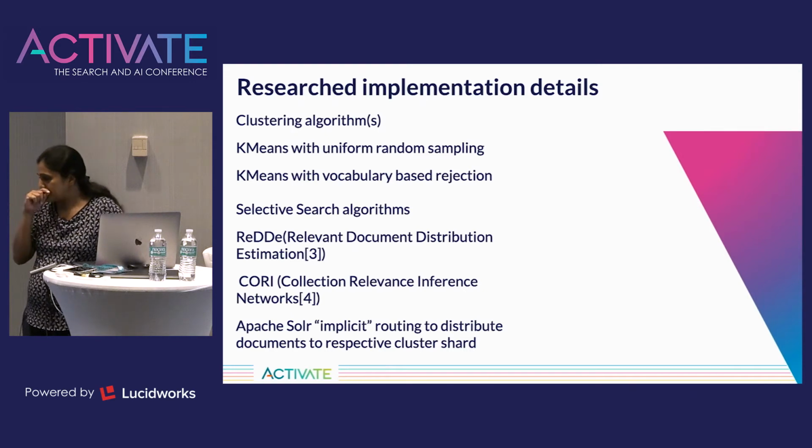What that means is you pick 5% of your data set, and all of it will have some common terms that you don't want to consider when deciding which cluster a document should belong to. So when you run k-means, before that you can set the number of dimensions you want to use to build the model. You could reject some top terms to make sure those top term frequency terms are not used to build the model.